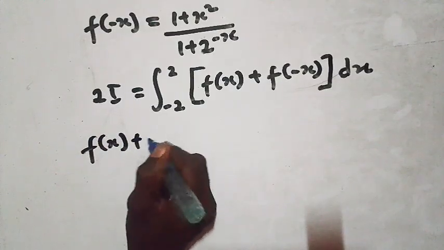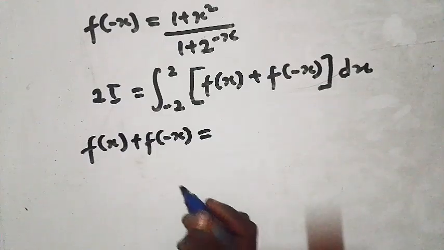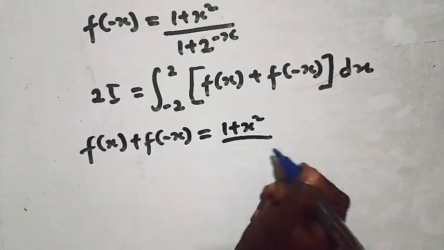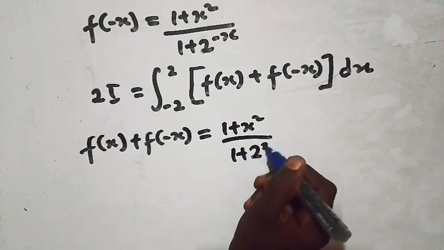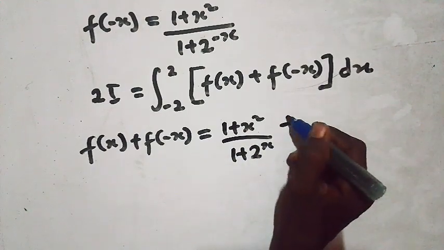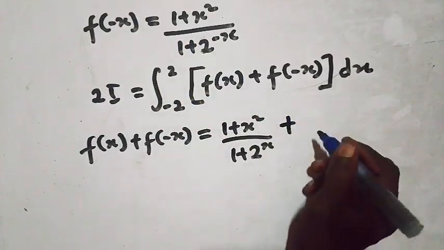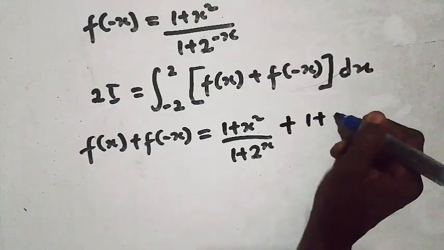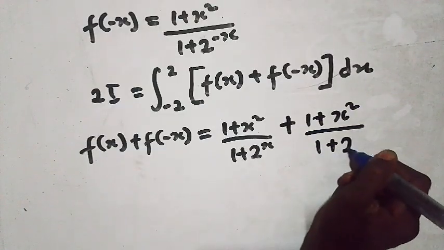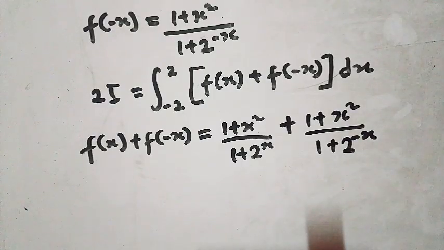F of x plus f of minus x will be, because we said let f of x be (1 + x squared) over (1 + 2 raised to power x), plus f of minus x, that's (1 + x squared) over (1 + 2 raised to power minus x).